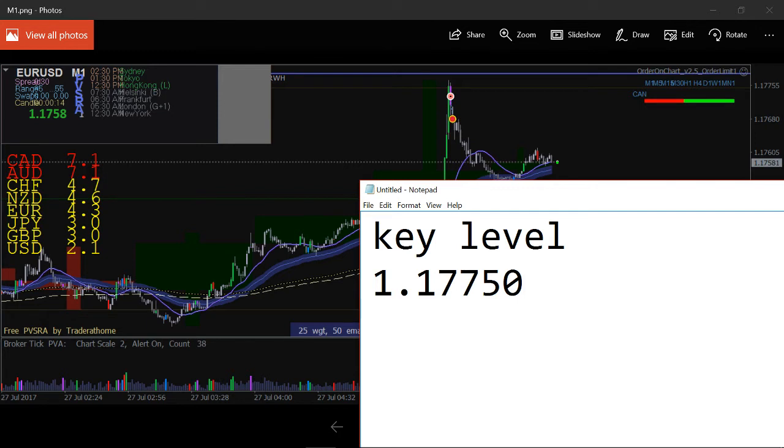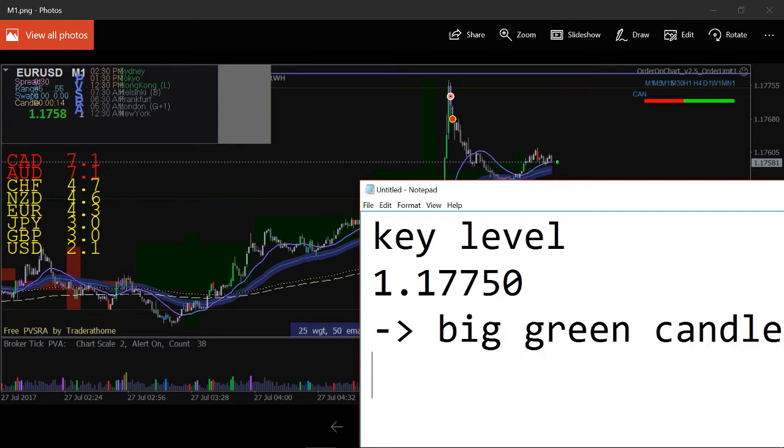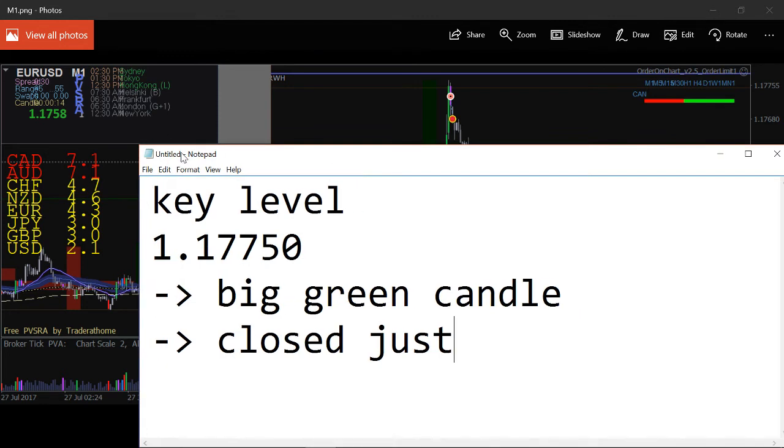So what happened here is that I got a huge candle, a big green candle that closed just above the key level.